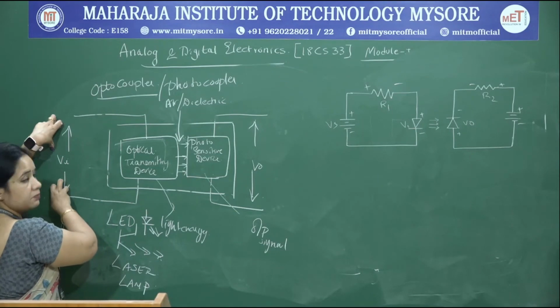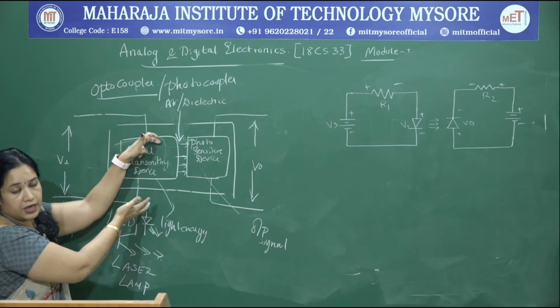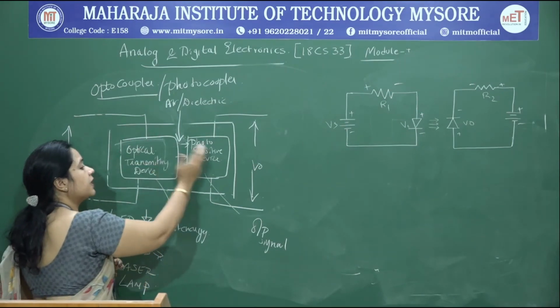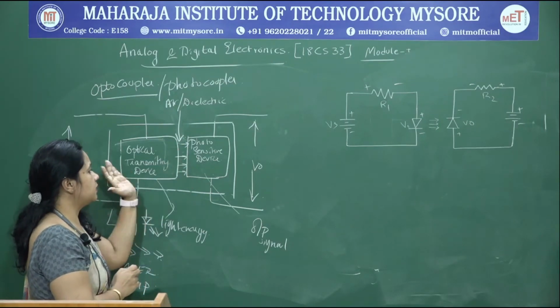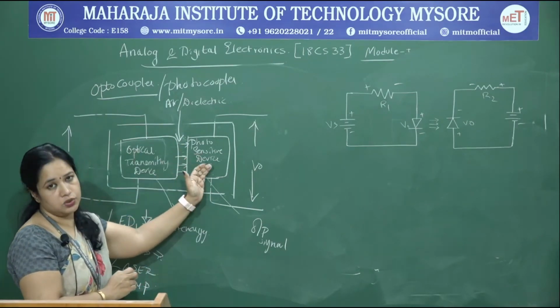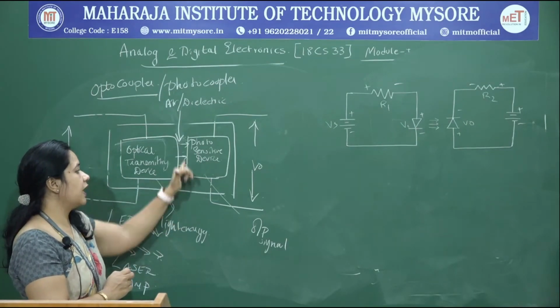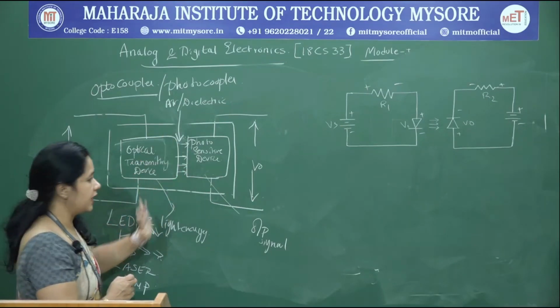So whenever I give some input voltage, this input voltage is converted to corresponding light signals, and this is picked up by your photosensitive device. In between, to transmit from the transmitting device to the optical sensitive device, we are using some transmitting media which is usually air or dielectric.